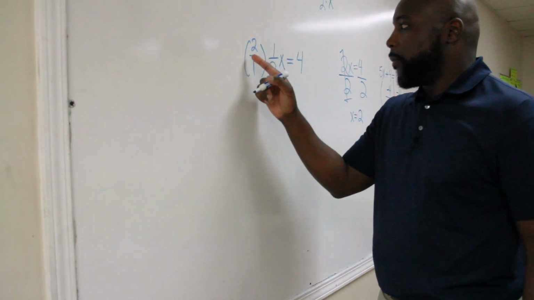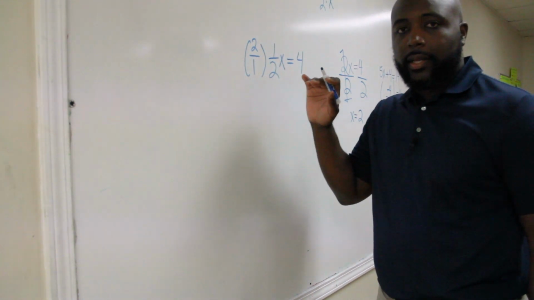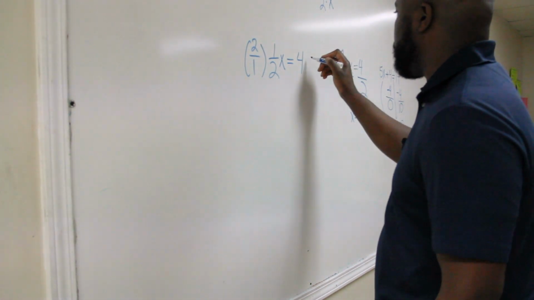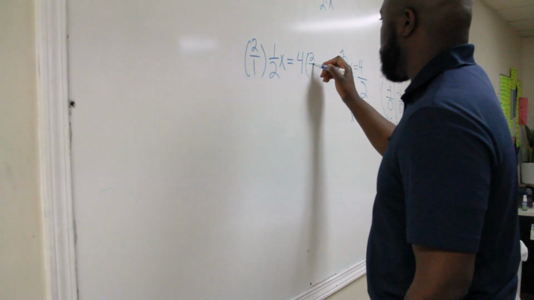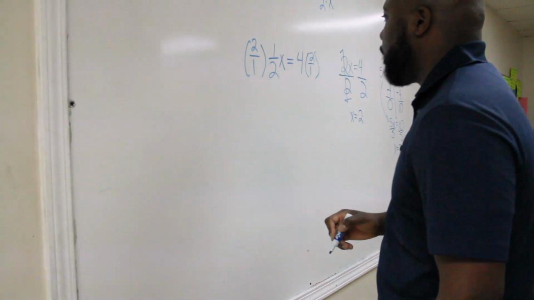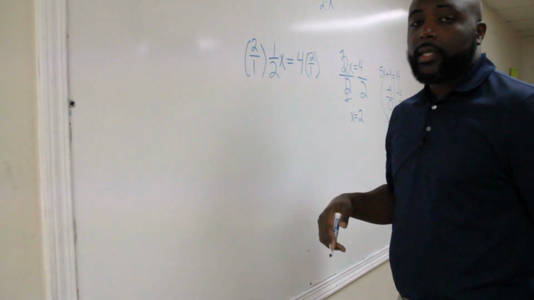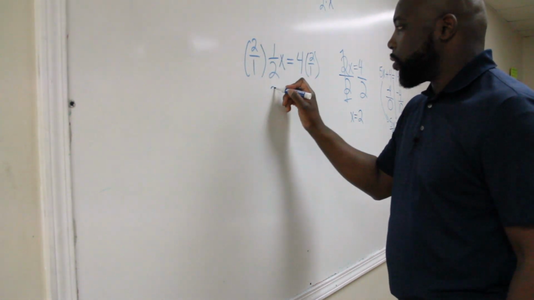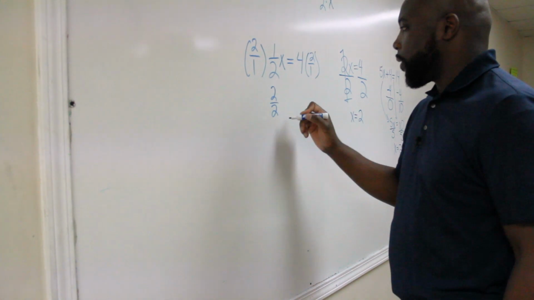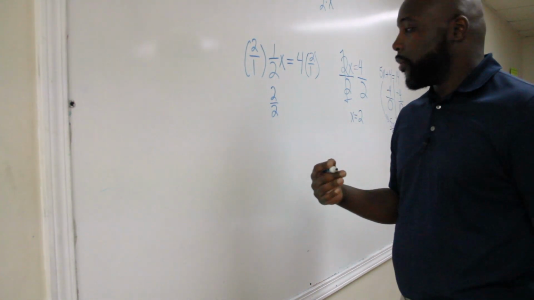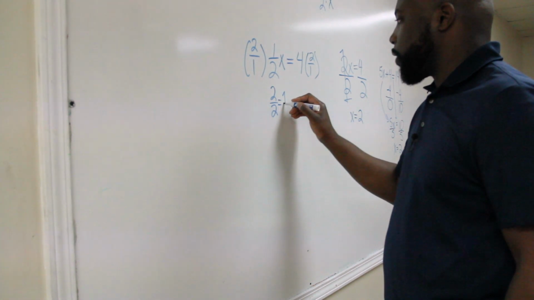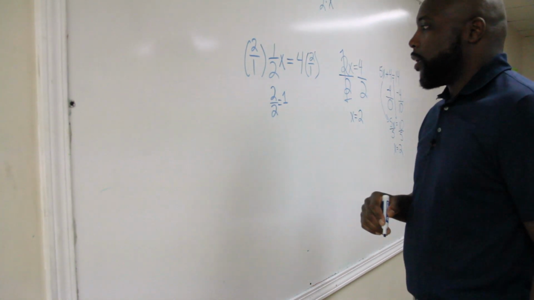Well, if we're going to multiply by the reciprocal on this side of the equation, then we need to multiply by the reciprocal on the other side of the equation. So 2 over 1 times 1/2 will simply equal 2 over 2. And 2 over 2 is also known as the number 1.